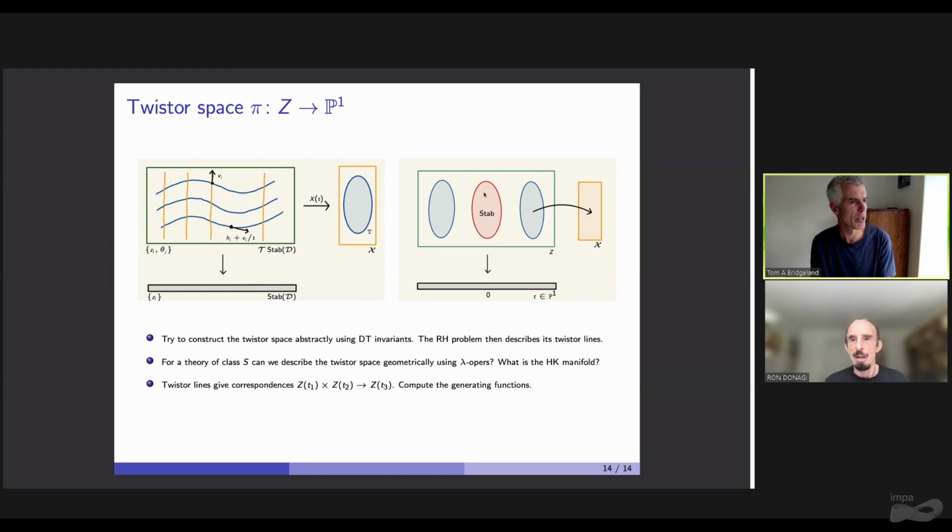When you go beyond A1, physicists understand that first you should be thinking about elements of the Hitchin base for other groups, which are already more complicated. But then it's really the trajectory structure that becomes very difficult to understand. And physicists know that what we should be thinking about is this thing called spectral networks. They have very precise results computing BPS spectra by thinking about spectral networks. But spectral networks are really much more complicated than trajectories of quadratic differentials.